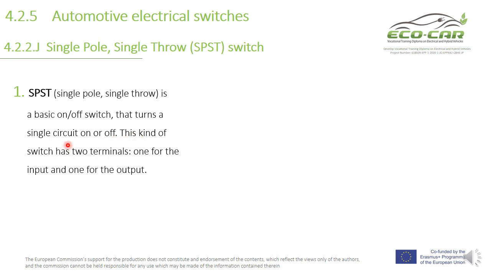This kind of switch has two terminals, one for the input and one for the output. It has one single pole and one single throw. So this is the action of this switch. One pole is for the input and this single throw is for the output.